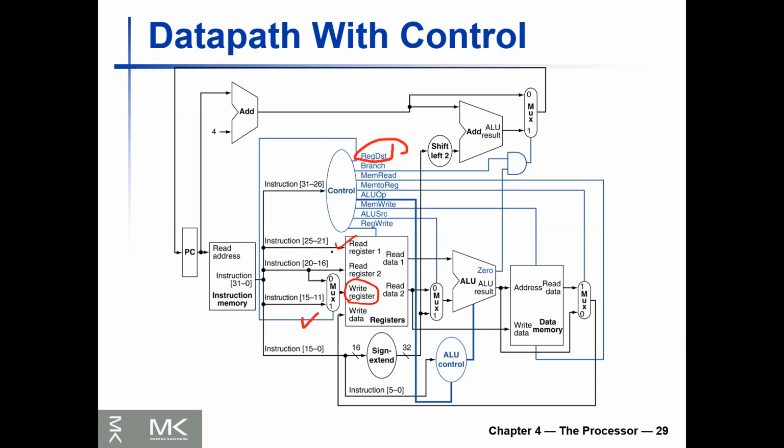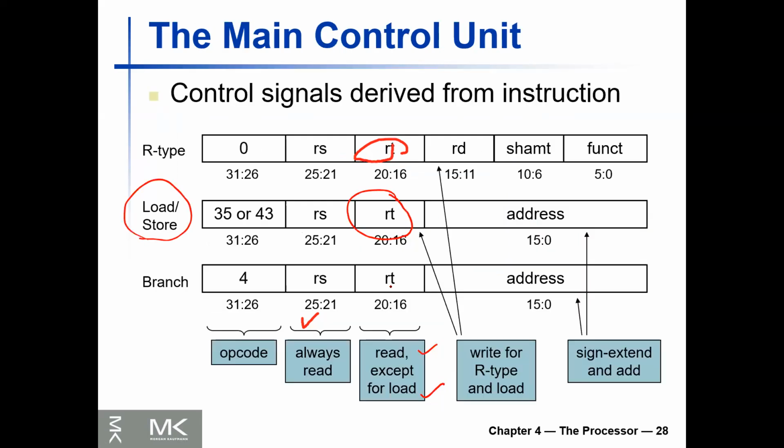Is this coming from 16 to 20, or is it coming from 11 to 15? Which right register is this? So it depends upon the instruction. Depending upon the instruction, which one needs to be chosen as the right register. Go back and again you will see. See, girls, either this is the right one or this is the right one.